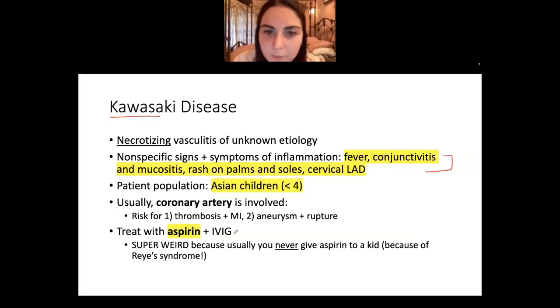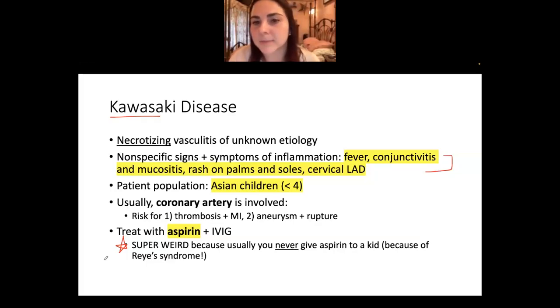And the reason why it's really important to recognize that this could potentially be Kawasaki is because you treat with aspirin. And again, you never ever, this is like mom 101, you're never supposed to give your child aspirin, which I don't even know if you guys have done the aspirin video yet for Sketchy. But if you give aspirin to a kid, you can cause Reye's syndrome, which is literally like their liver dies.